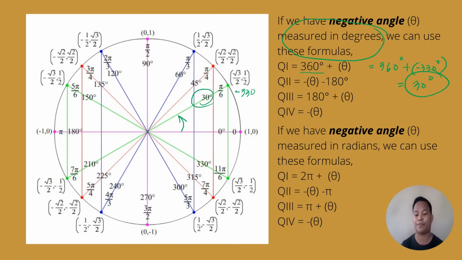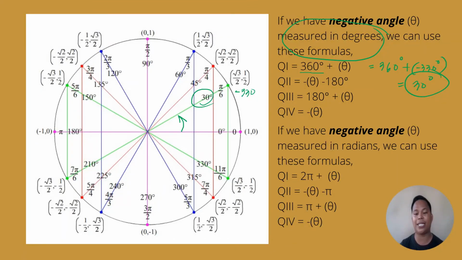So, pwede pong ganun po yung ating paghanap ng reference angle kapag negative po. In quadrant 2, negative 1 times the negative angle minus 180 degrees po. If the terminal side of a negative angle is in quadrant 3, we are going to add that angle to 180 degrees.